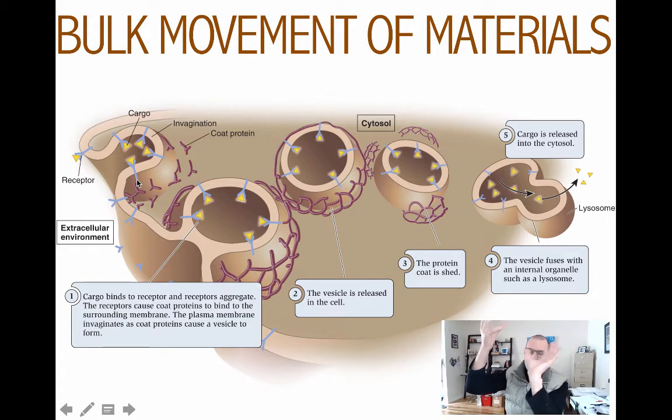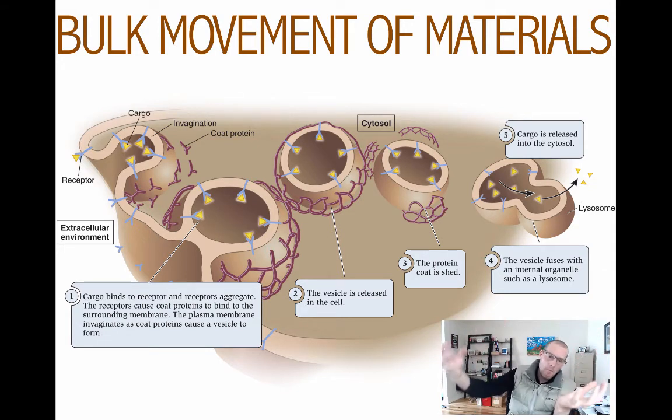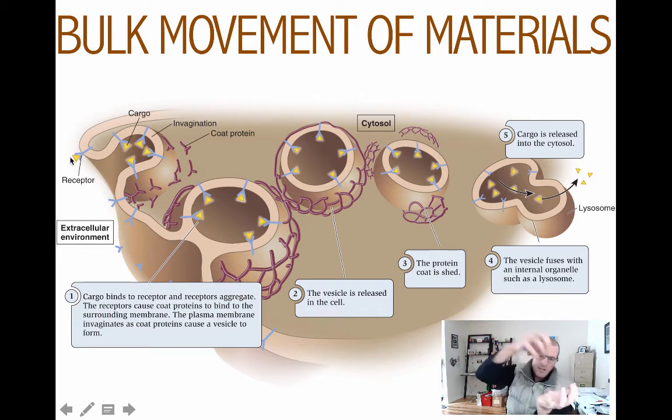Here's a cell surface receptor, here's the membrane, and a ligand, a molecule, can bind to that receptor, like is happening over here. Then a small piece of membrane can be pinched off and brought inside the cell cytoplasm, and anything that was bound to the receptors is now inside the vesicle. The vesicle could then fuse with a lysosome, and whatever was attached to the receptors can be broken down and recycled back into the cytoplasm.